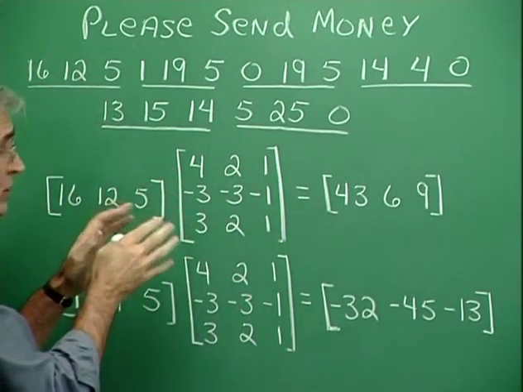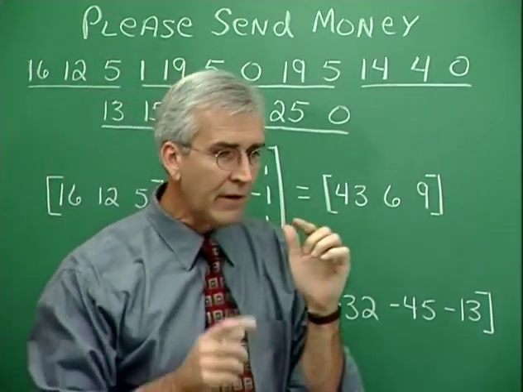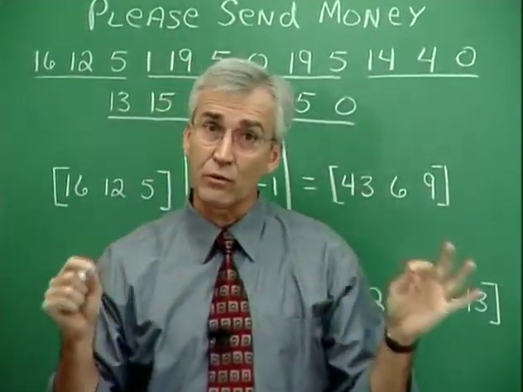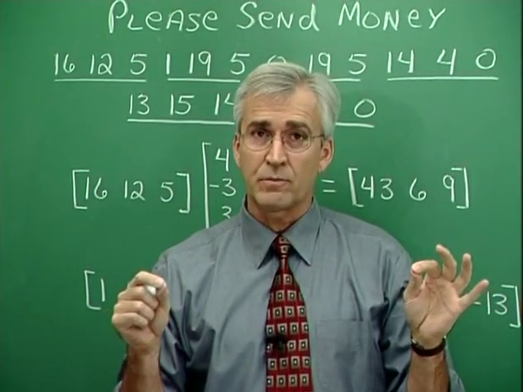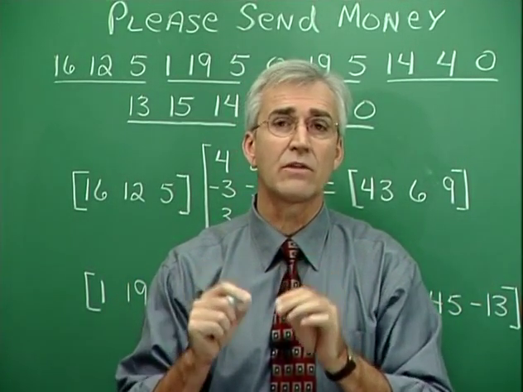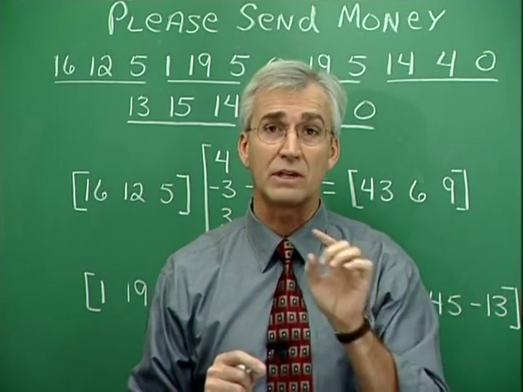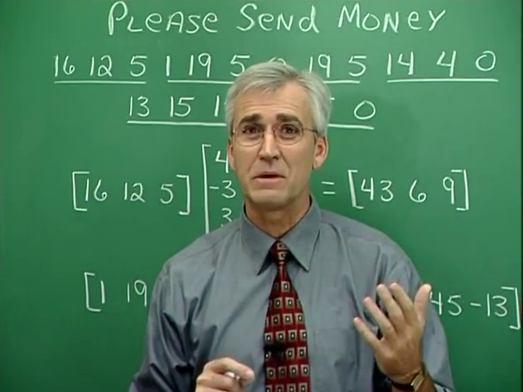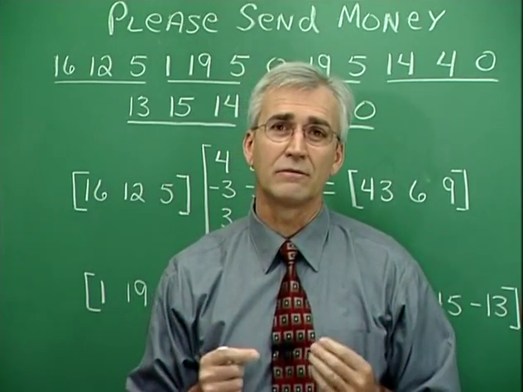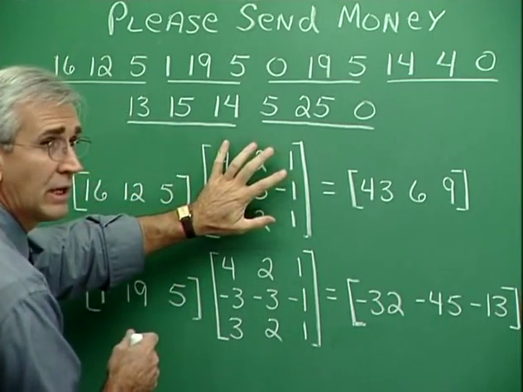The important thing in choosing a matrix for the code is this, that if you're dividing into groups of 3 for this purpose, then you need to have a matrix for the code that is a 3 by 3 matrix. And that matrix has to be invertible. That is, it has to have an inverse, because that's going to be the technique for deciphering the message. At any rate, I've chosen this 3 by 3 matrix.